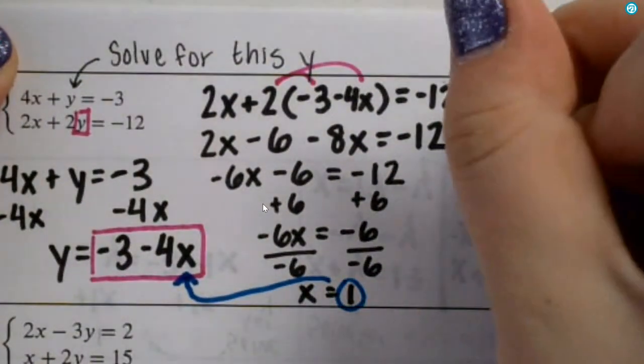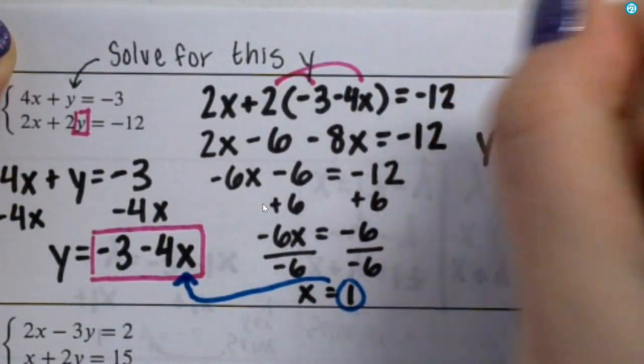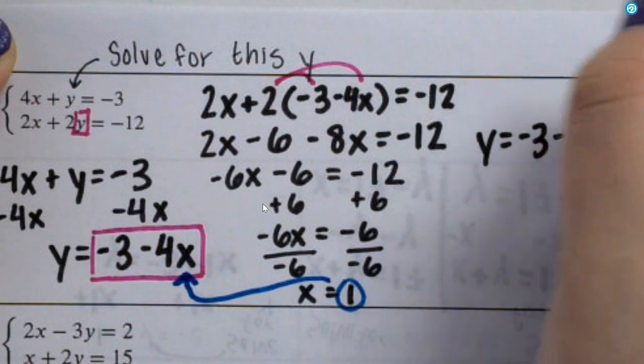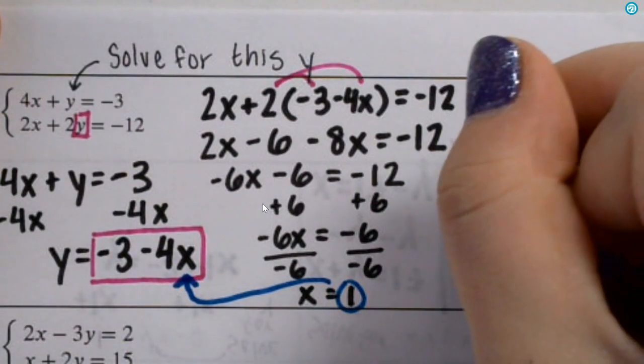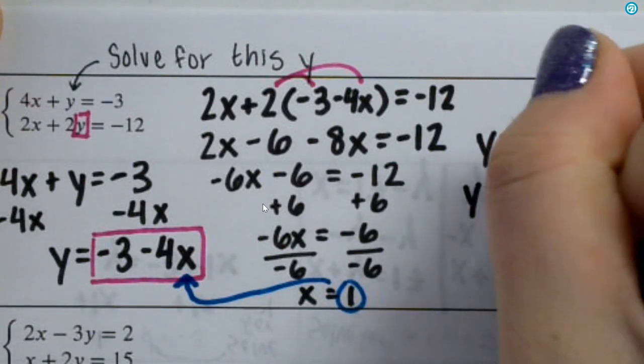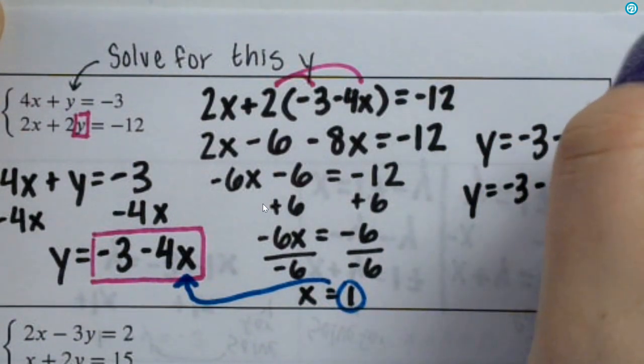So over here, I'm going to show my work for that. It's going to be y equals negative 3 minus 4x. We're plugging in 1, so it's going to be y equals negative 3 minus 4 times 1.